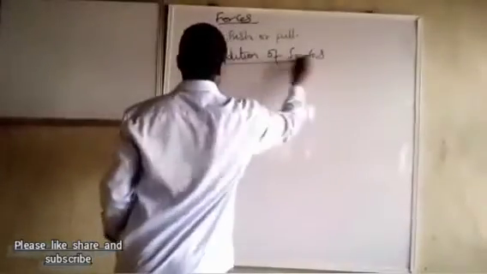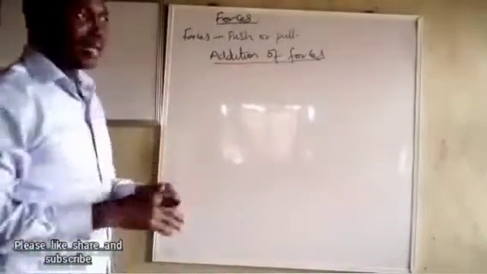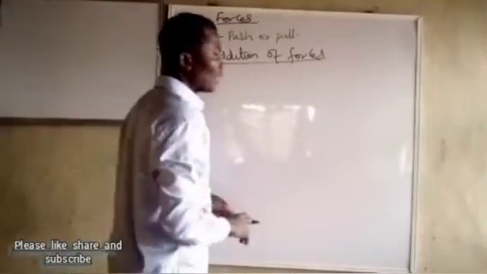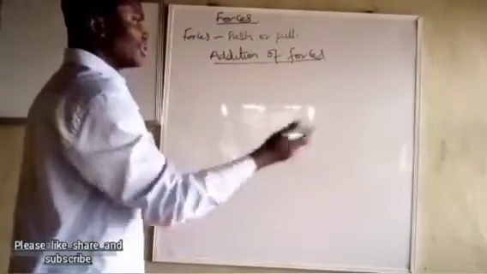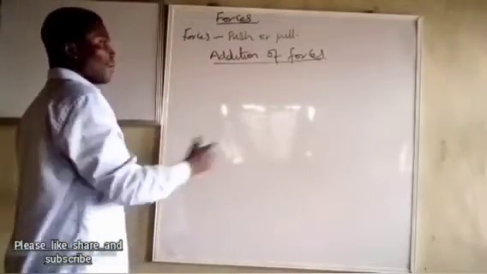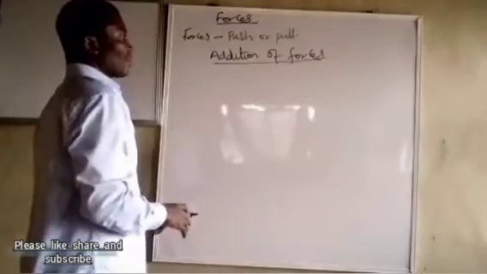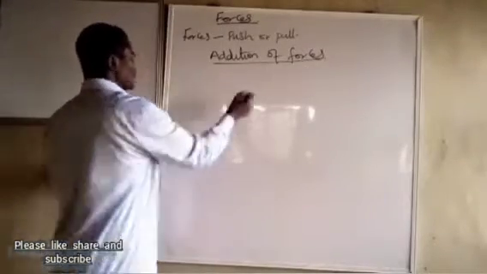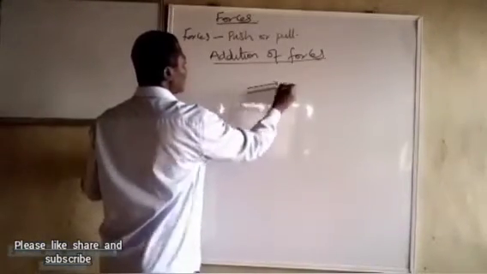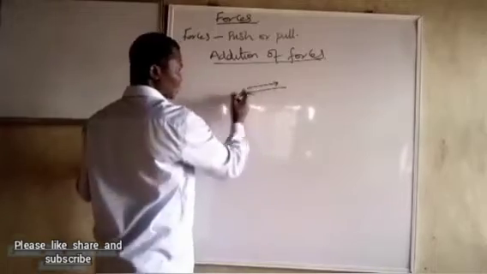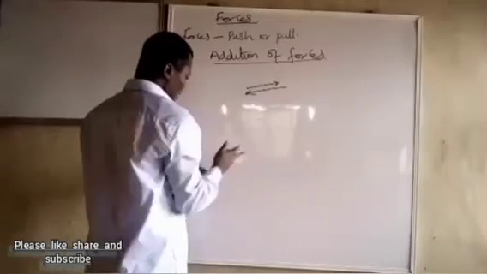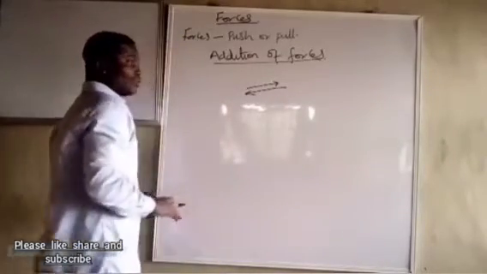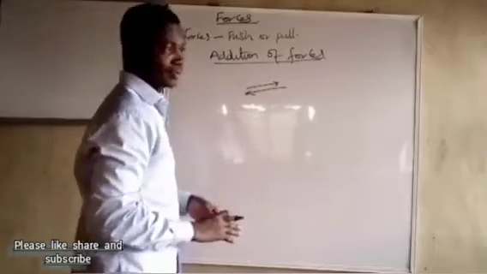When we are given forces, we are always given direction. And when the directions are not on the same line or parallel, that is, they are not in the same direction, either opposite or facing the same direction, the addition will not be easy like algebraic.